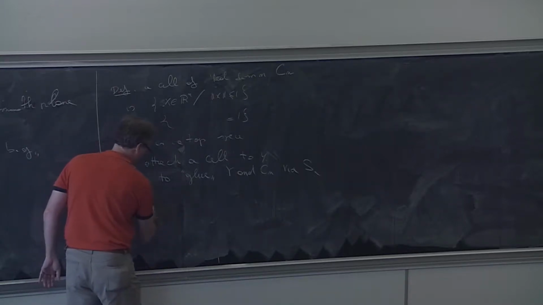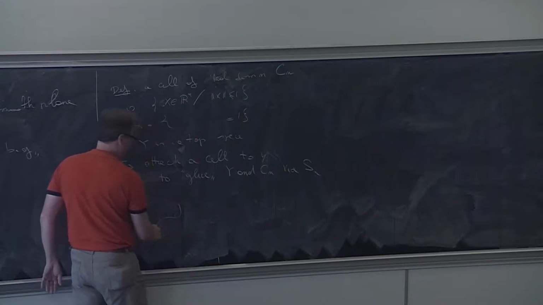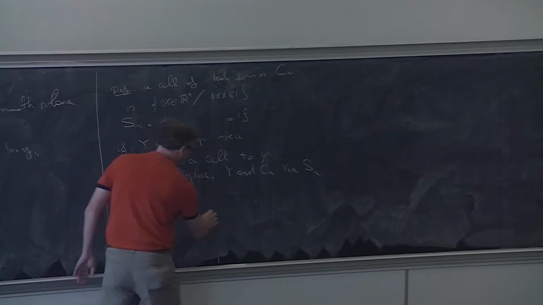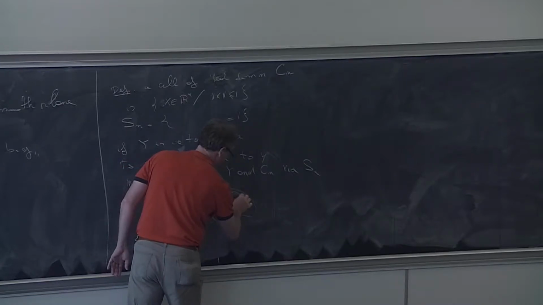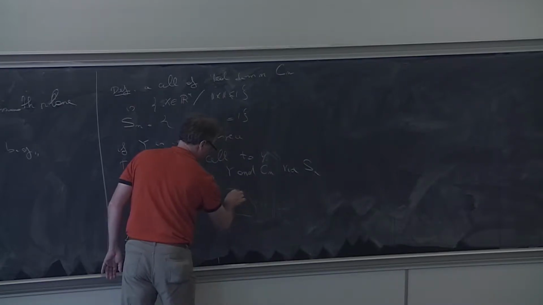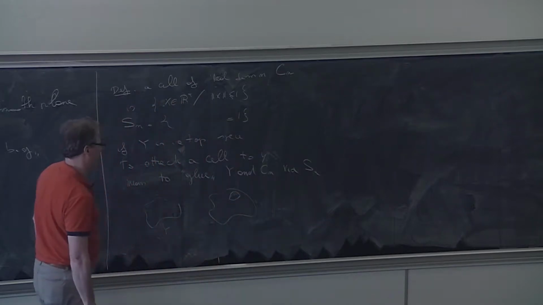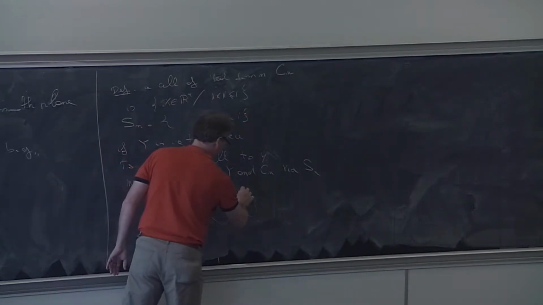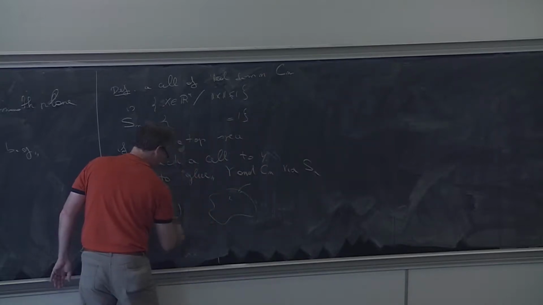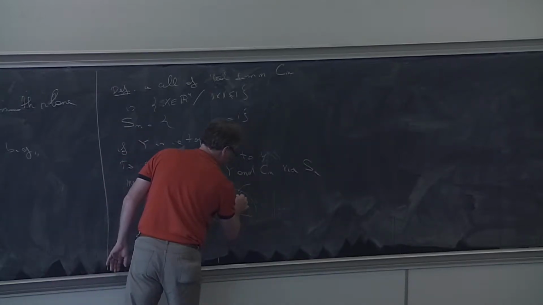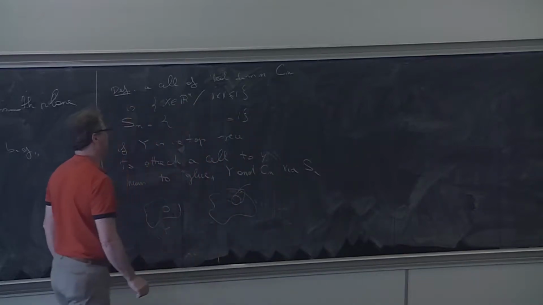If this is the space Y, what I do is this, and this is C^n. Now let's say that this is Y with a hole here, and then I can attach the cell.